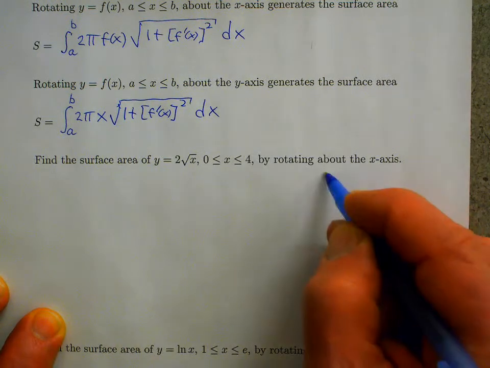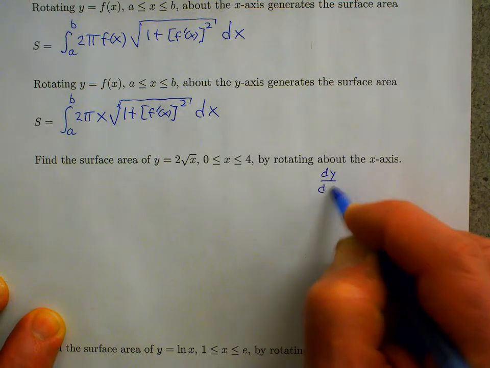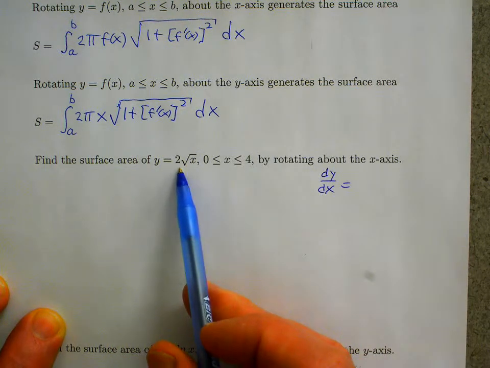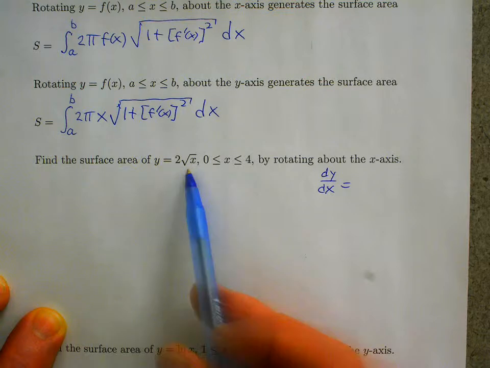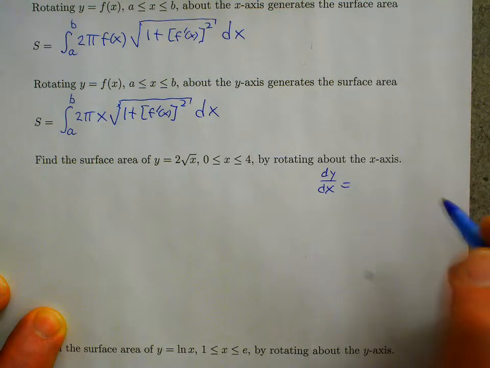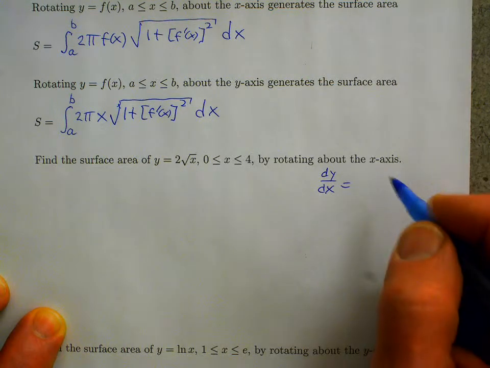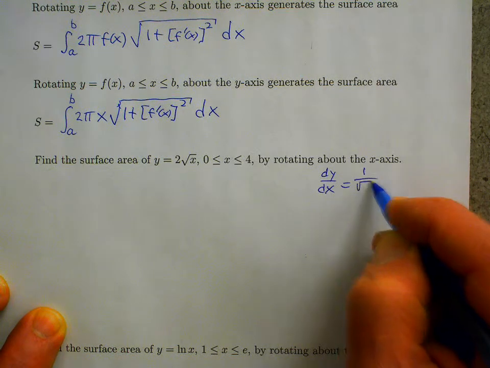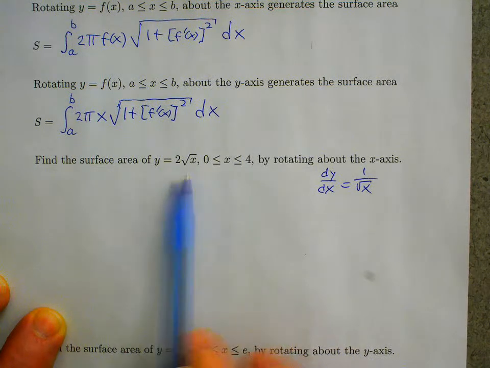We need to know what dy dx is. So this is like 2 times x to the 1/2. And so we're just going to get 1 over the square root of x when we take the derivative of 2 times the square root of x.